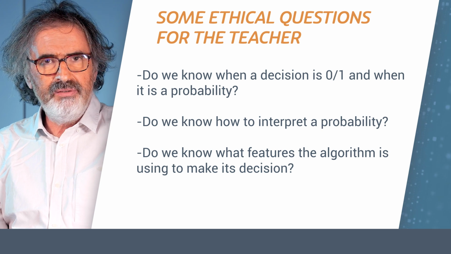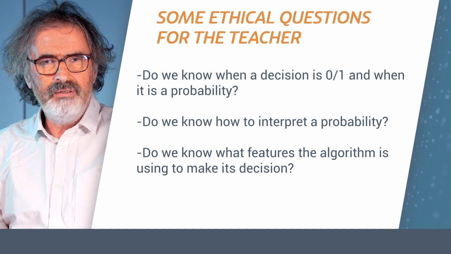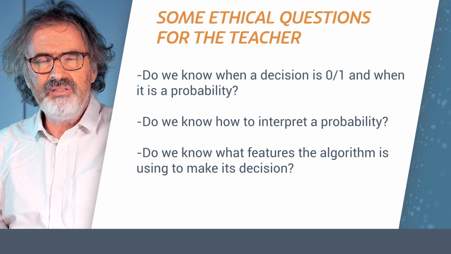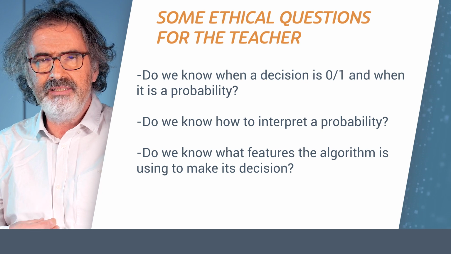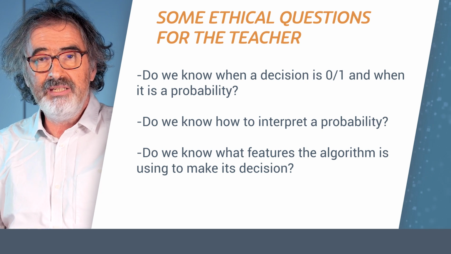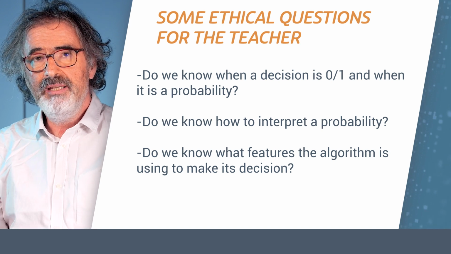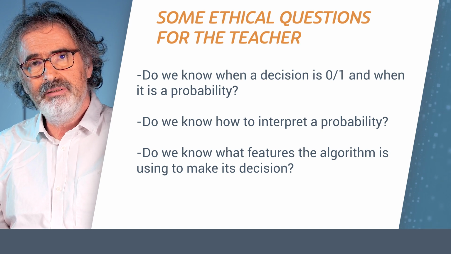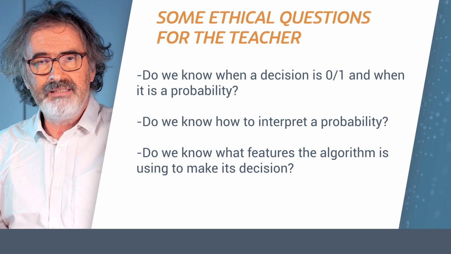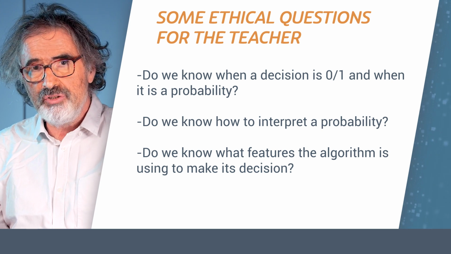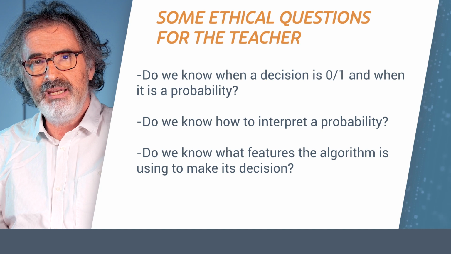And related with the features, there is a question. What are the features that have intervened in the decision that I, as a teacher, will have to make based on perhaps the recommendation that has been given to me by the model? On what basis, therefore, on what features has the decision been taken?